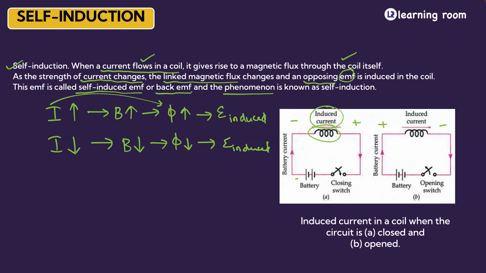Mostly you can use the EMF formula, but here you don't have the length of the coil. You cannot use that. So the flux has to get changed. Actually, it's going to be a simple formula.